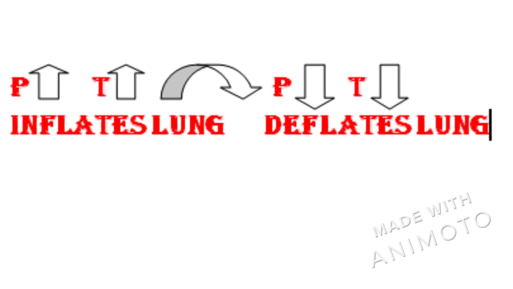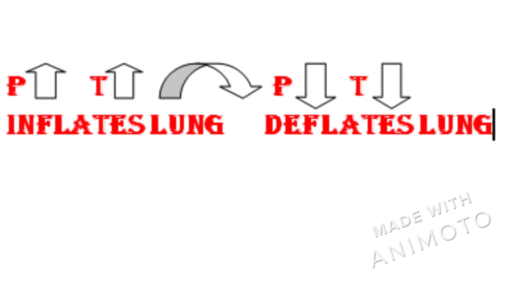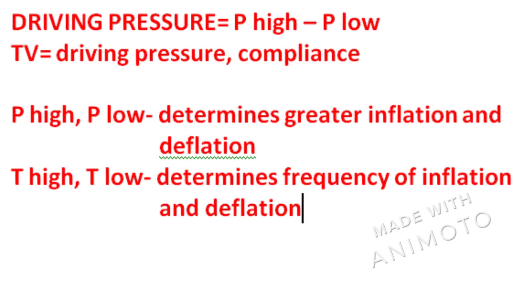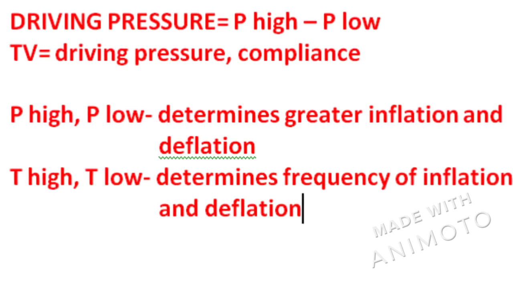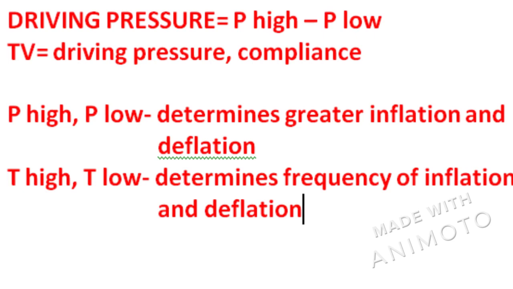The transition from P-high to P-low deflates the lungs and eliminates carbon dioxide, and vice versa. The transition from P-low to P-high inflates the lung. The difference between P-high and P-low is the driving pressure. Larger differences are associated with greater inflation and deflation, while smaller differences are associated with smaller inflation and deflation.